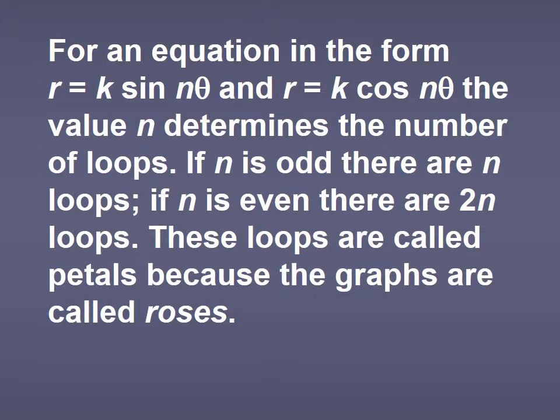These loops are called petals because the graphs are called roses. Roses are actually the technical name for those graphs. So, for example, if I have r equals sine 3 theta, that means I have a graph with 3 petals. If I have r equals k sine 2 theta, that means I have a graph with 4 petals.